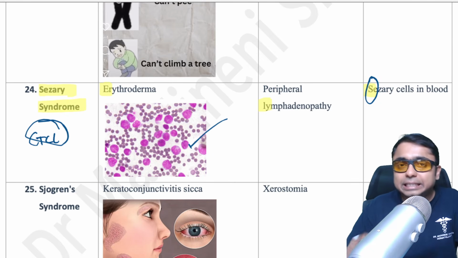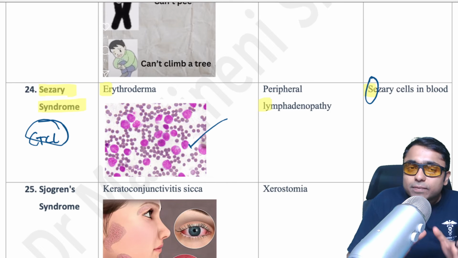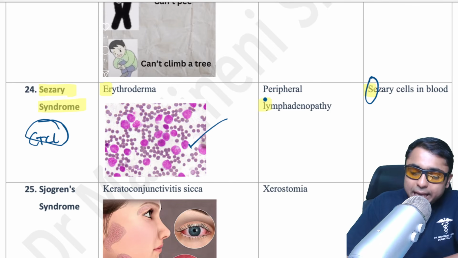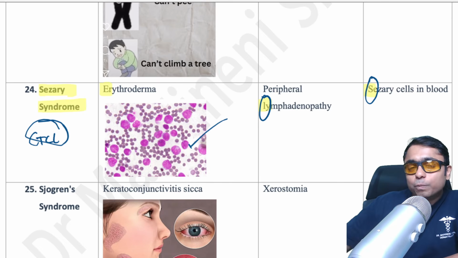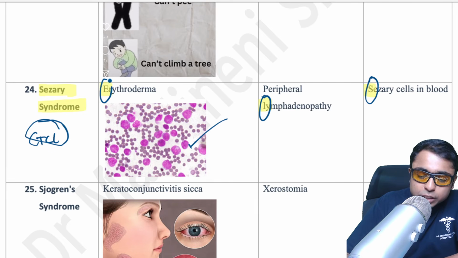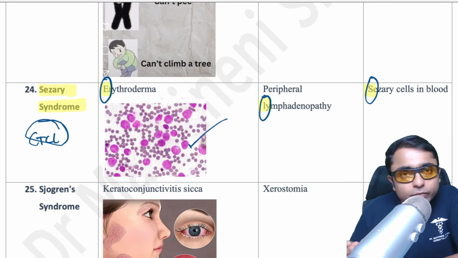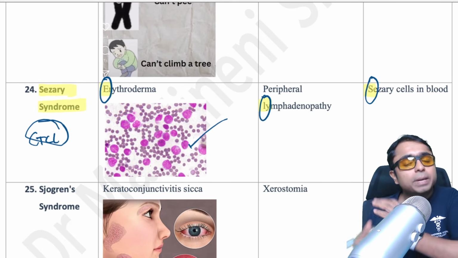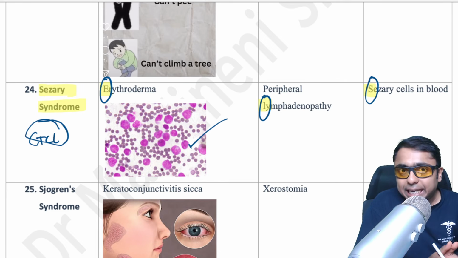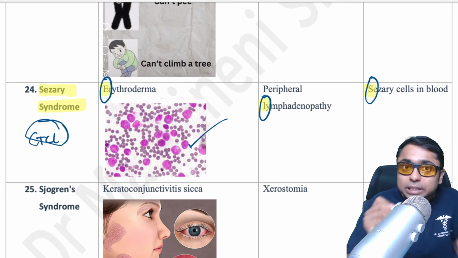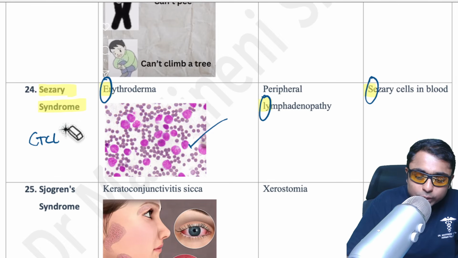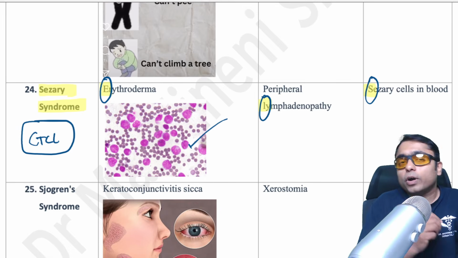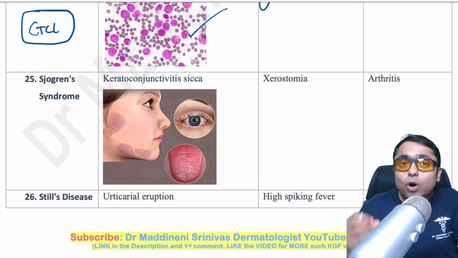You can see here, these are the atypical T lymphocytes which have a cerebriform nucleus, which are present in the circulation, and there is going to be generalized lymphadenopathy in these patients, and also patients may go into erythroderma, in which 90% or even more of the body skin is going to become erythematous associated with scaling. Okay, so this is a leukemic variant of the mycosis fungoides. Very important to remember.